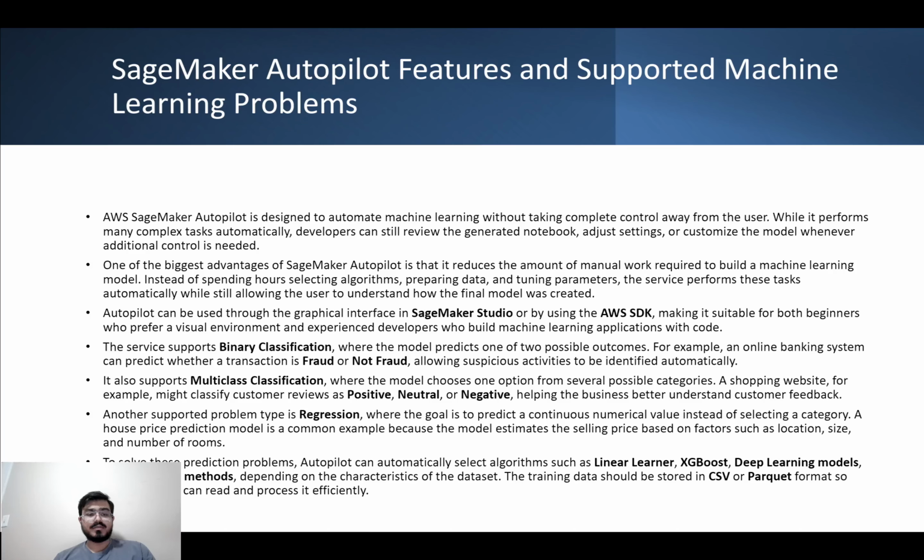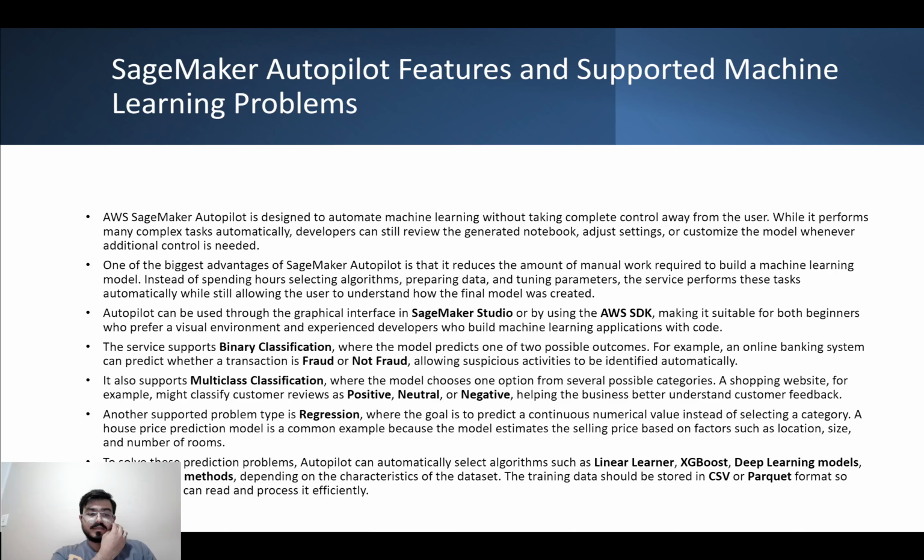Another advantage is that Autopilot reduces the amount of manual work required to build a machine learning model. Autopilot can be used through the graphical interface in SageMaker Studio or through the AWS SDK, making it useful for both beginners who prefer a visual interface and experienced developers who write code.